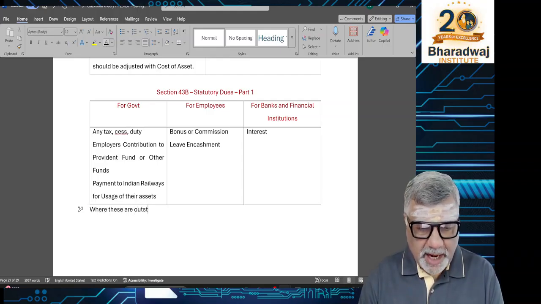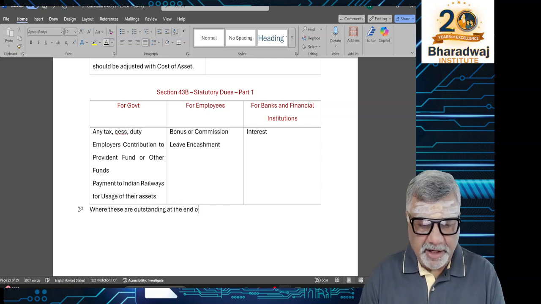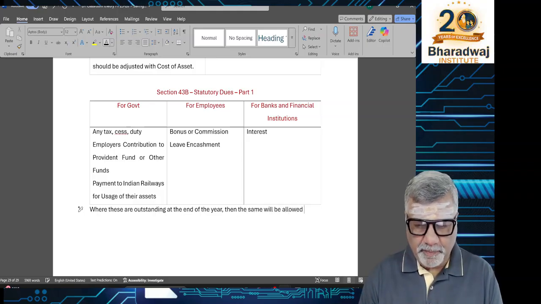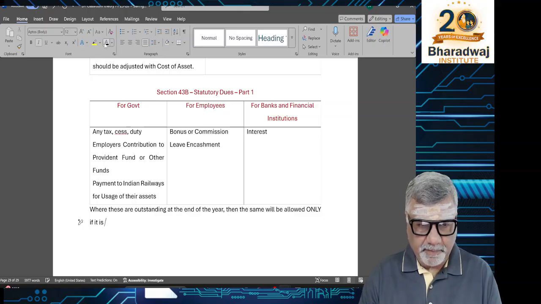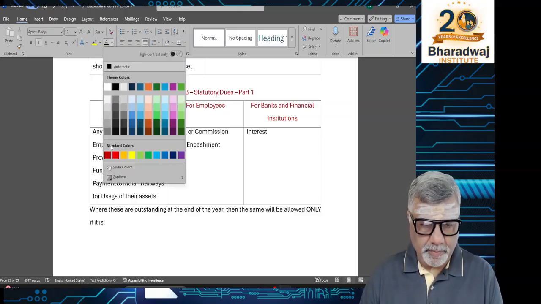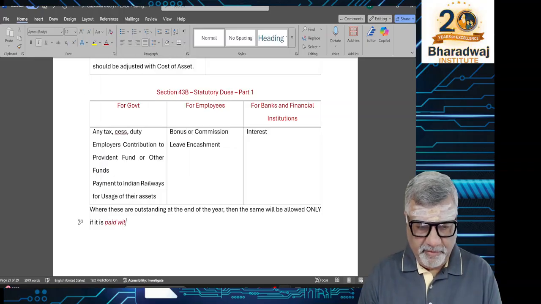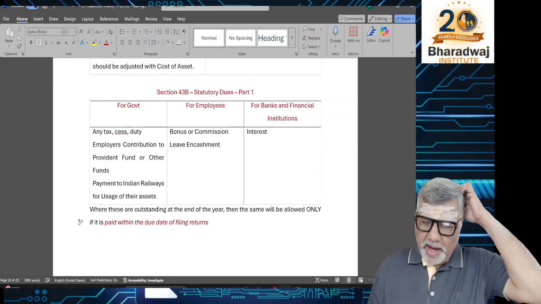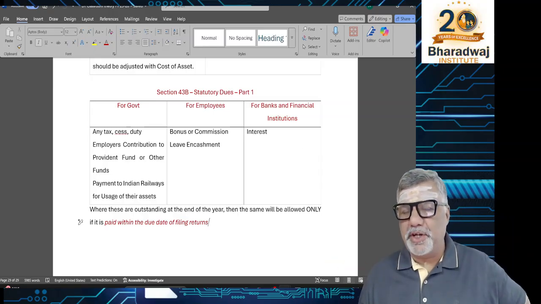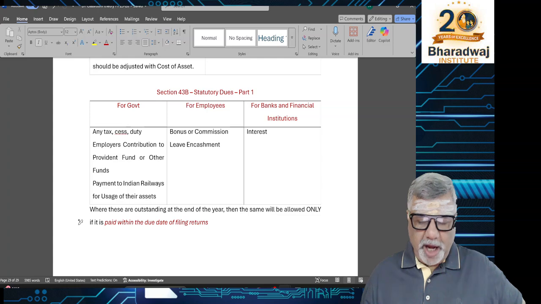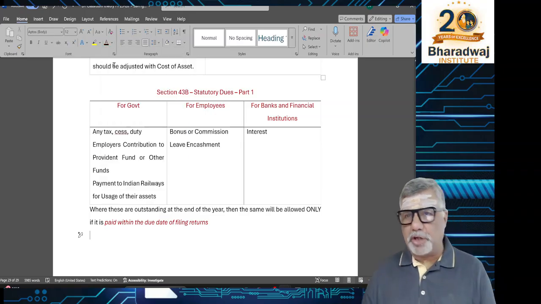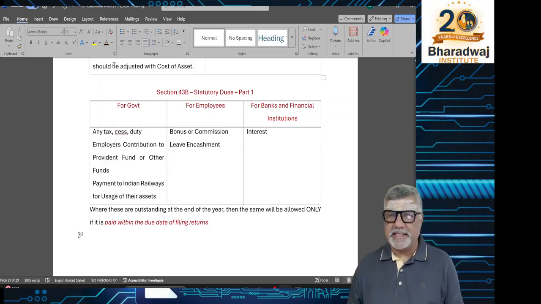Under that, for all, a common provision: where these are outstanding at the end of the year, the same will be allowed only if it is paid within the due date of filing returns. As on 31st March, if these are outstanding, it will be allowed only if it is paid within 31st July or 31st October or 30th November, as the case may be.